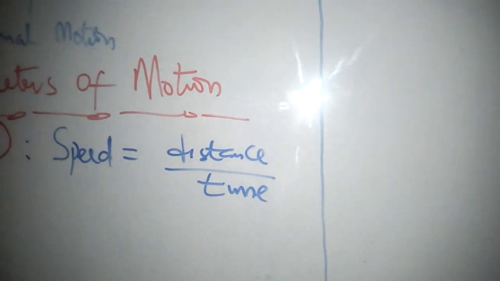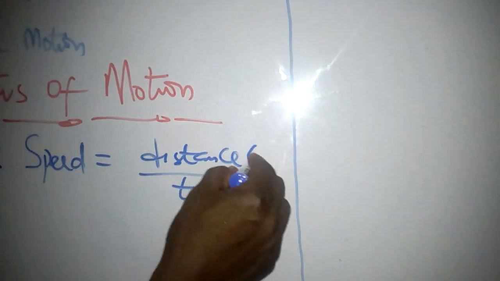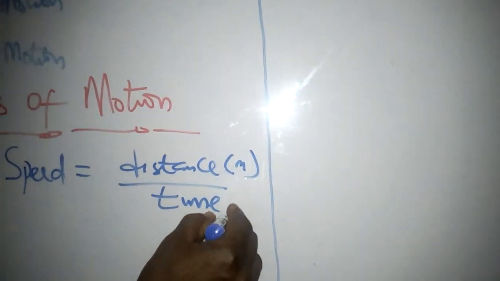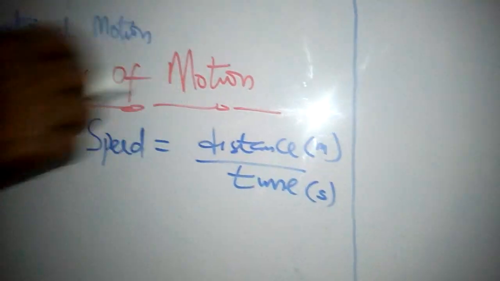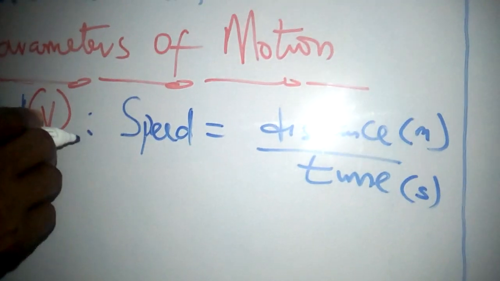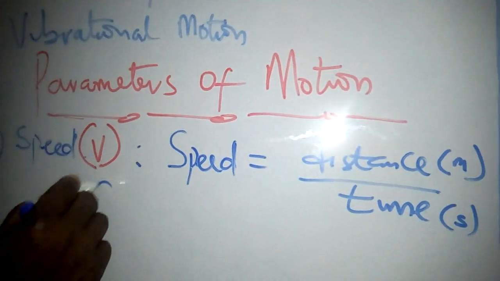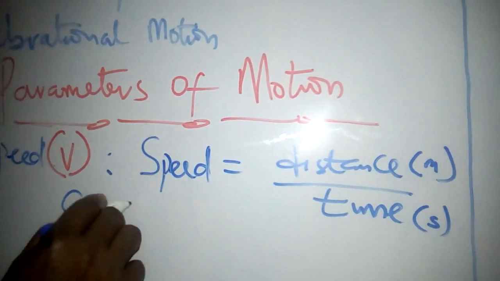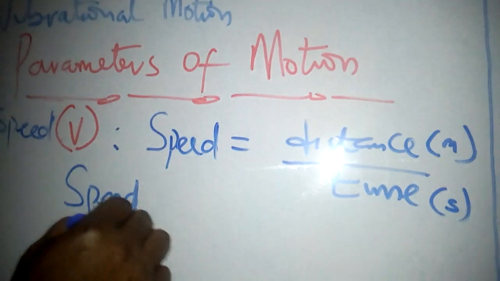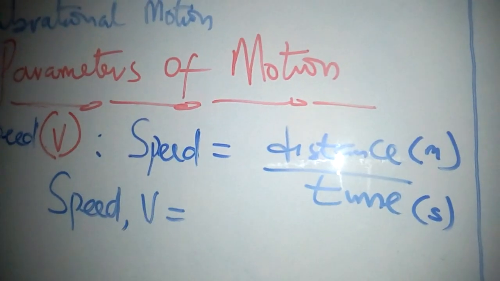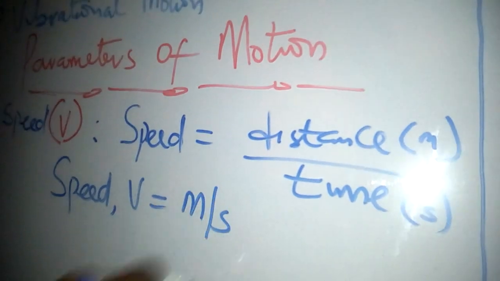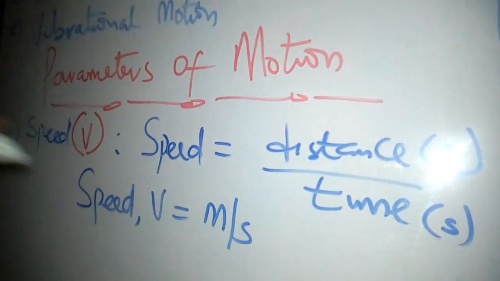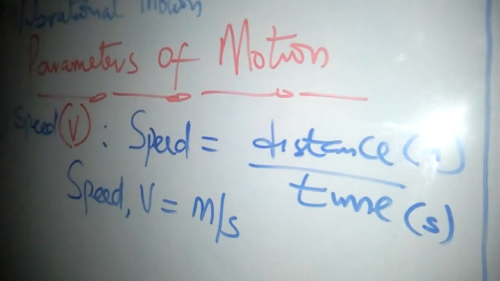Distance is measured in meters, while time is measured in seconds. So speed v is equal to meter per second. That is the unit of speed.